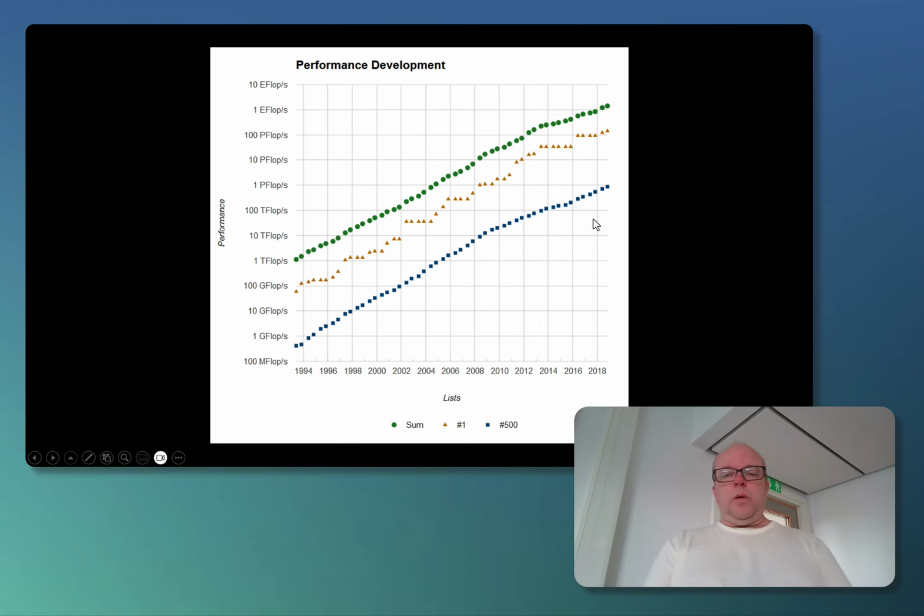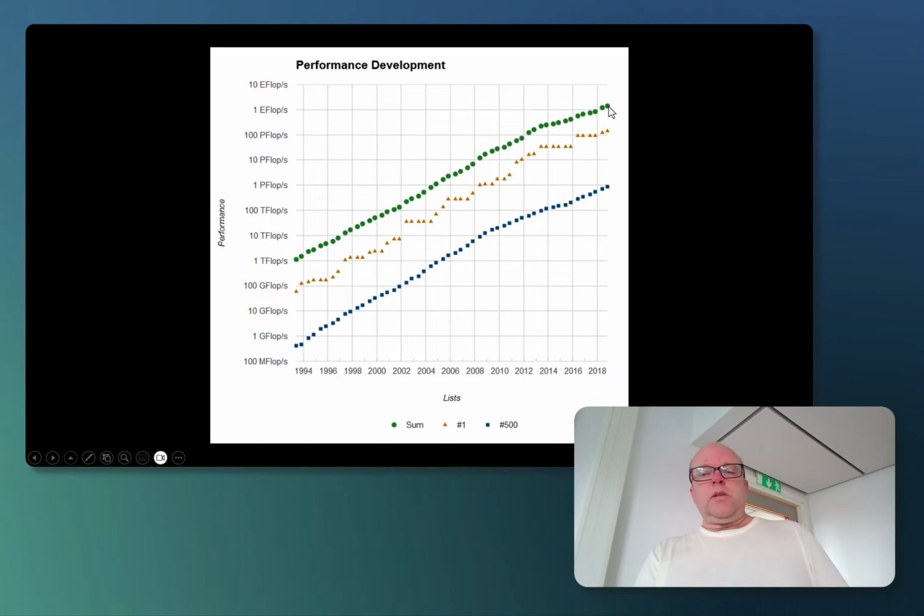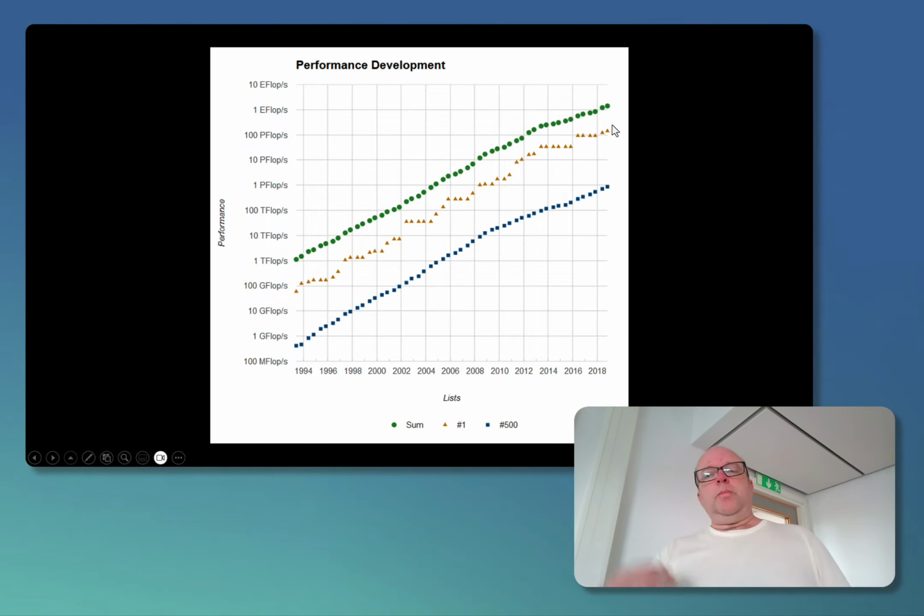Today we are approaching the exaflop range with the supercomputers. You can see here that 101 petaflops is a standard cluster in 2018. That is kind of with Cosmos, and now the sum of all is in exaflops. And now we are talking about the biggest machines in Europe being exaflop machines.